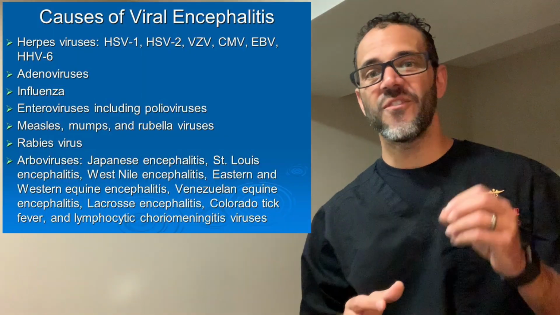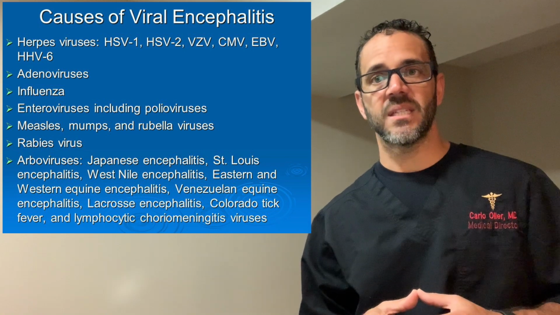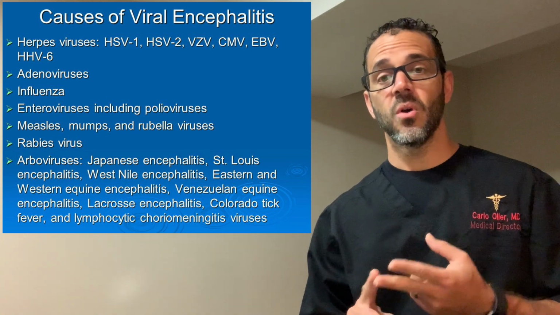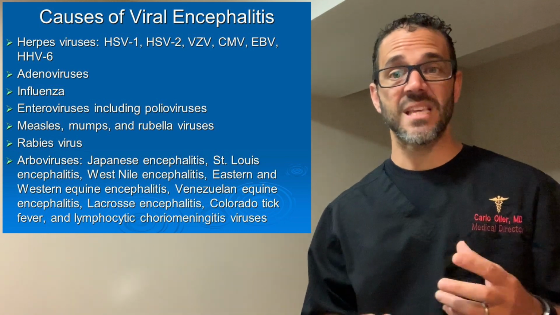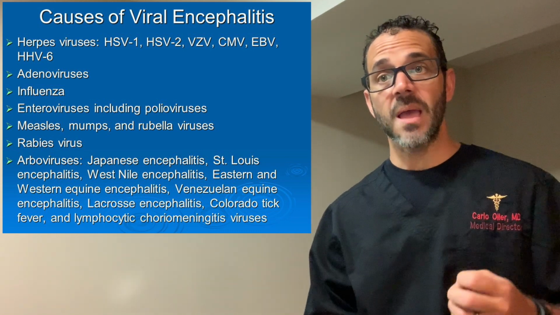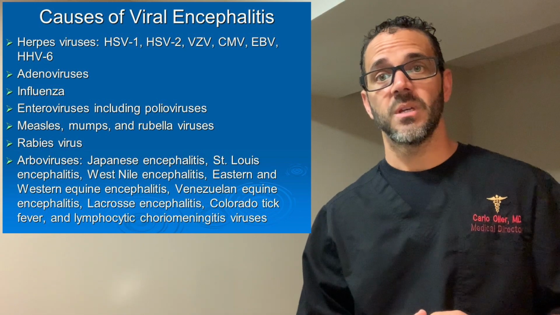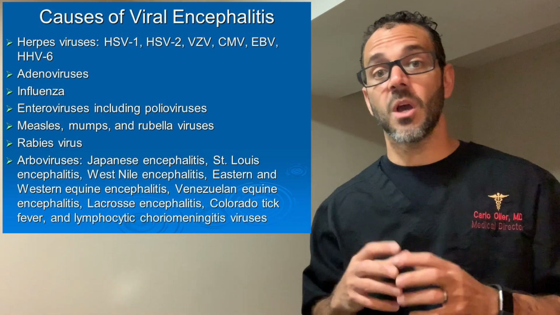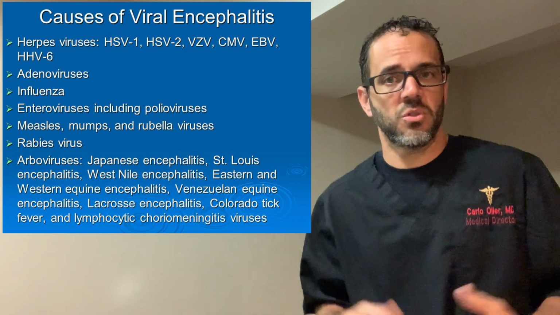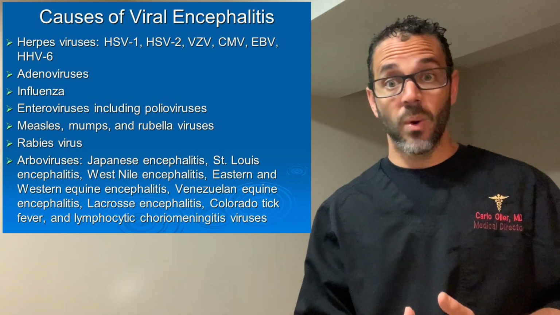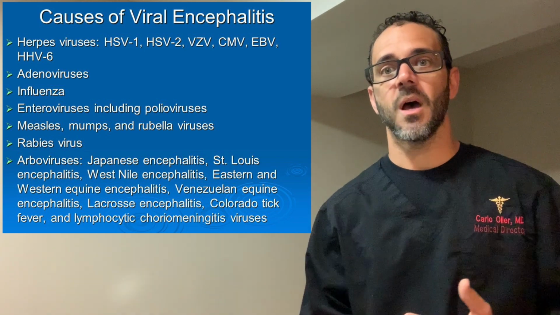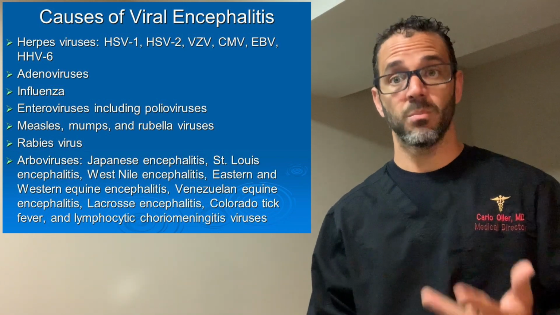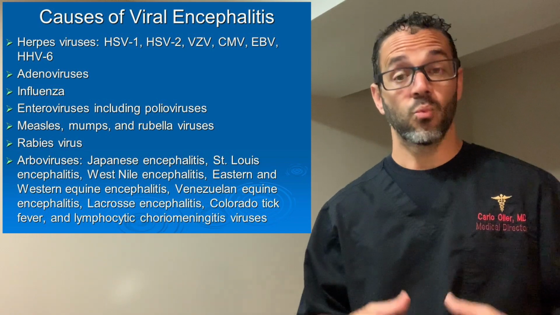Now let's talk about the viral causes of encephalitis. These include HSV 1, HSV 2, varicella zoster, CMV or cytomegalovirus, Epstein-Barr virus, and others. But also many other relatively common viruses like adenovirus, which causes the common cold, influenza, which we know is going around a lot, enteroviruses like poliovirus, measles, mumps, rubella, MMR, and rabies.